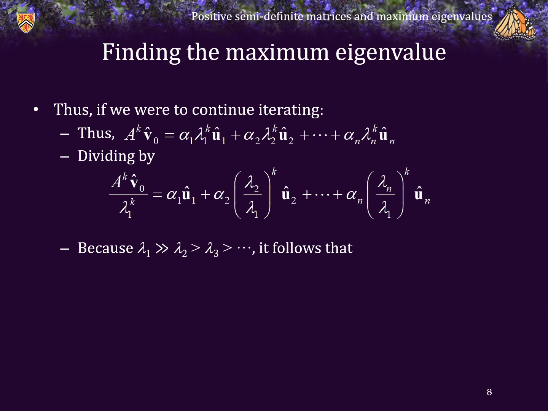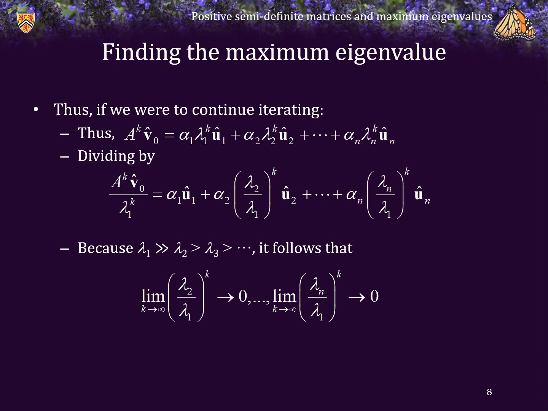Because lambda 1 is significantly larger than the second largest eigenvalue, it consequently follows that in the limit, as k becomes arbitrarily large, the ratios for every other coefficient go to 0. So all that would be left is alpha 1 u1 cap.